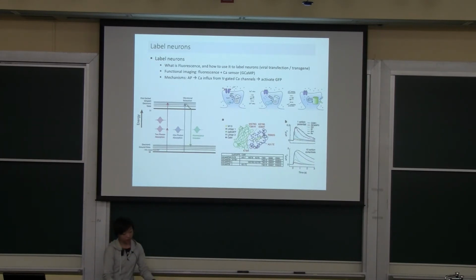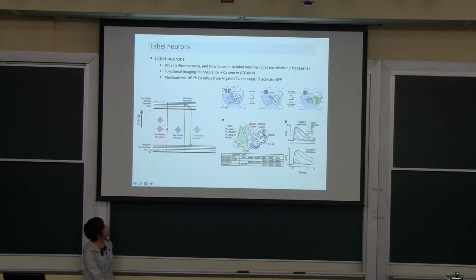Okay, so then the idea is you can put these molecules in a neuron, and the way people do it is usually through some viral transfection or transgenic techniques, and you can select which group of neurons you want to label. So in this case, it shows you a commonly used fluorescent calcium sensor.